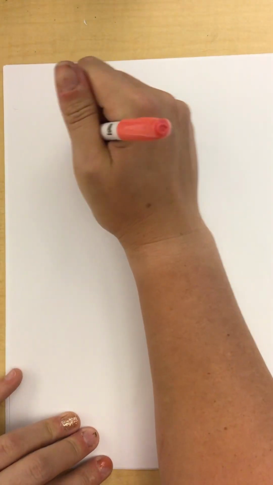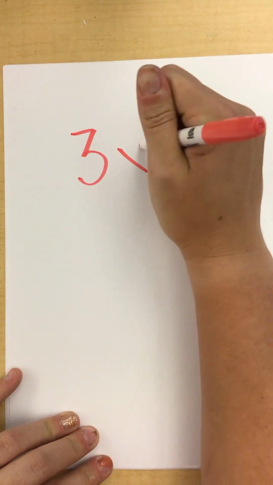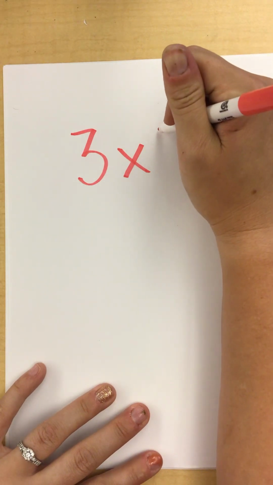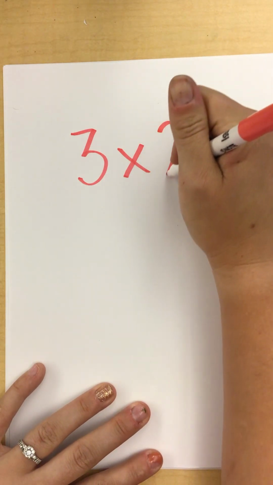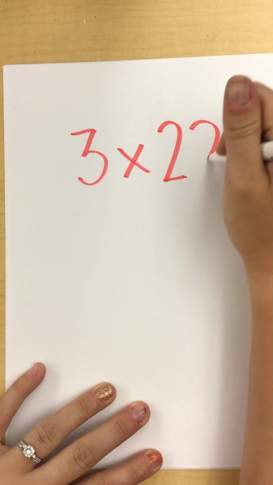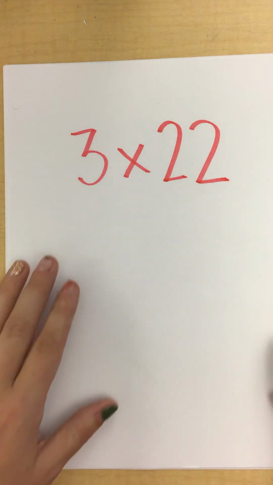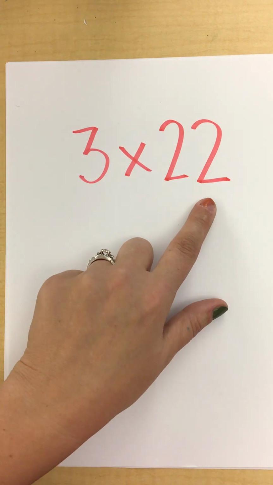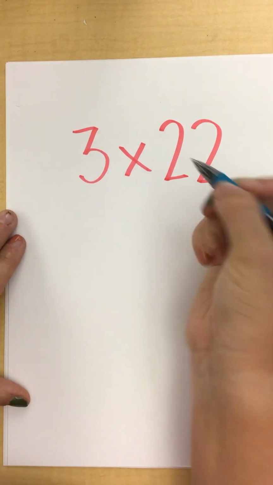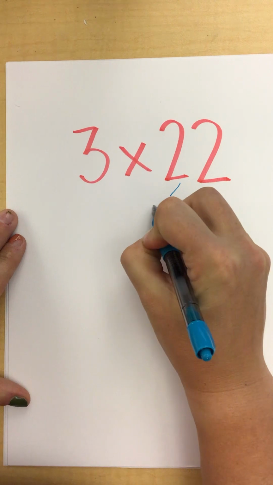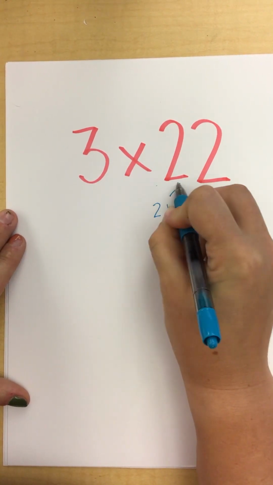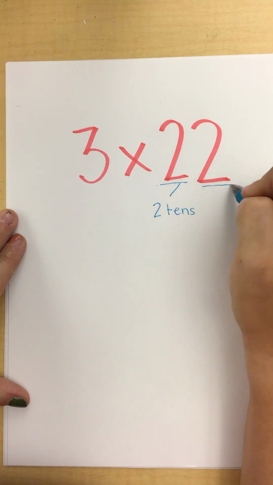Now the next problem we're going to do, let's do 3 times 22. 3 times 22. So if we're going to break this apart into tens and ones, that means we have 2 tens, because this is in our tens place, and we have 2 ones.